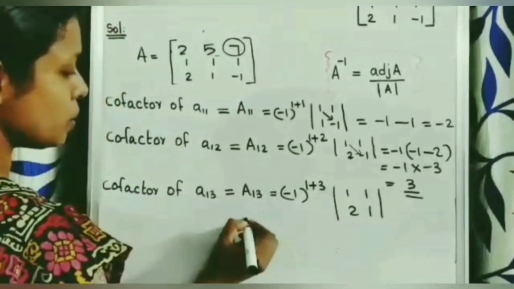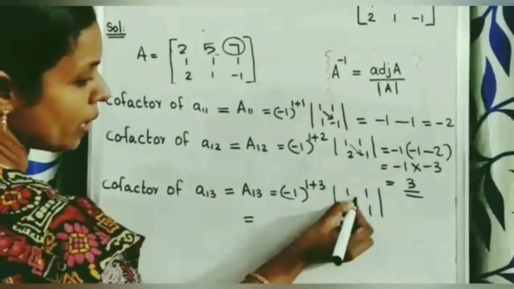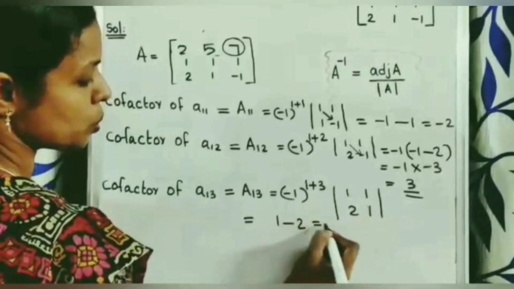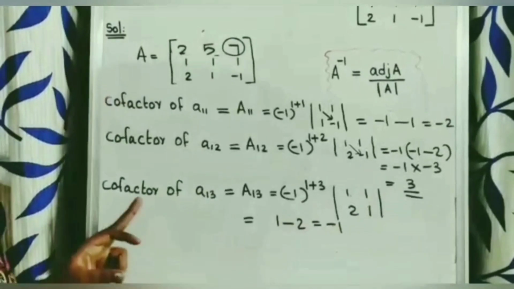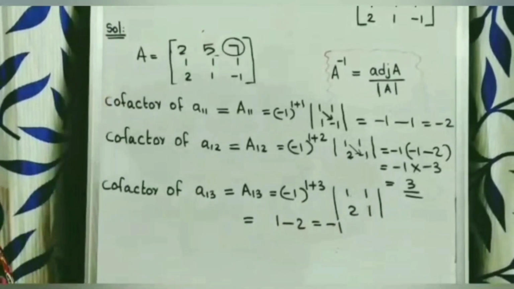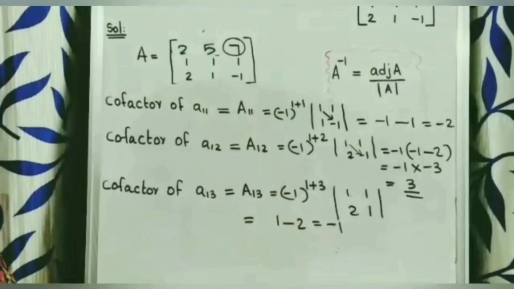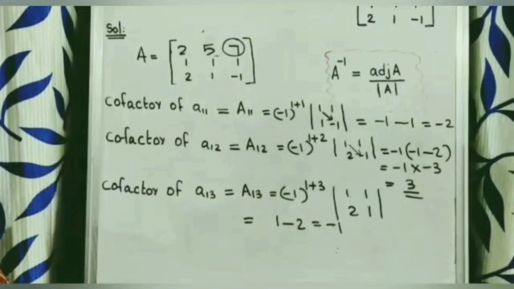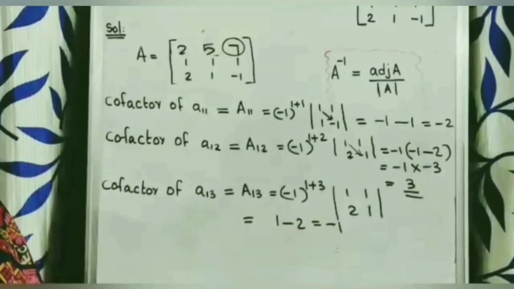That is equal to, we get negative 1 whole raised to 4 is 1. Then 1 into 1, that is 1 minus 1 into 2, 2. That is equal to 1 minus 2 is minus 1. Now we get cofactor of A13, that is cofactor of 7, is equal to negative 1. Clear?